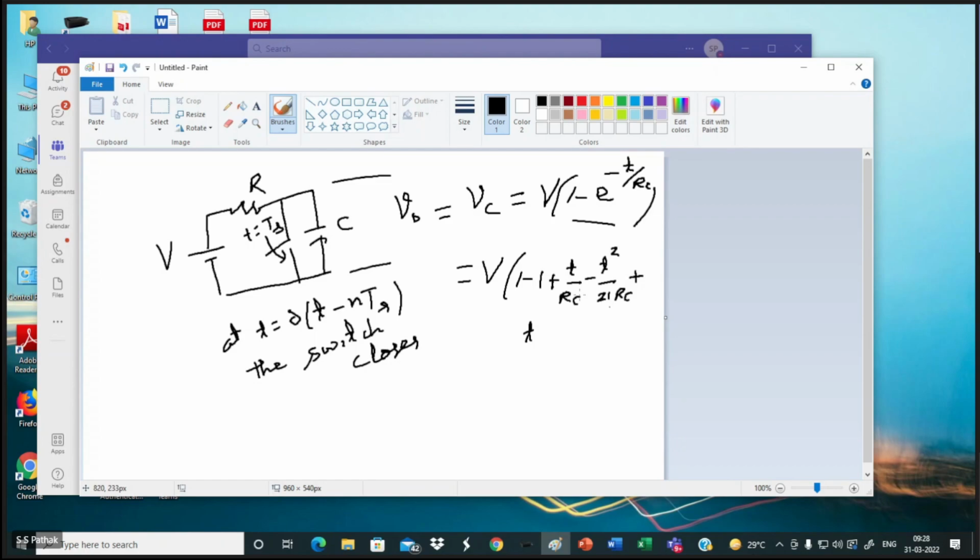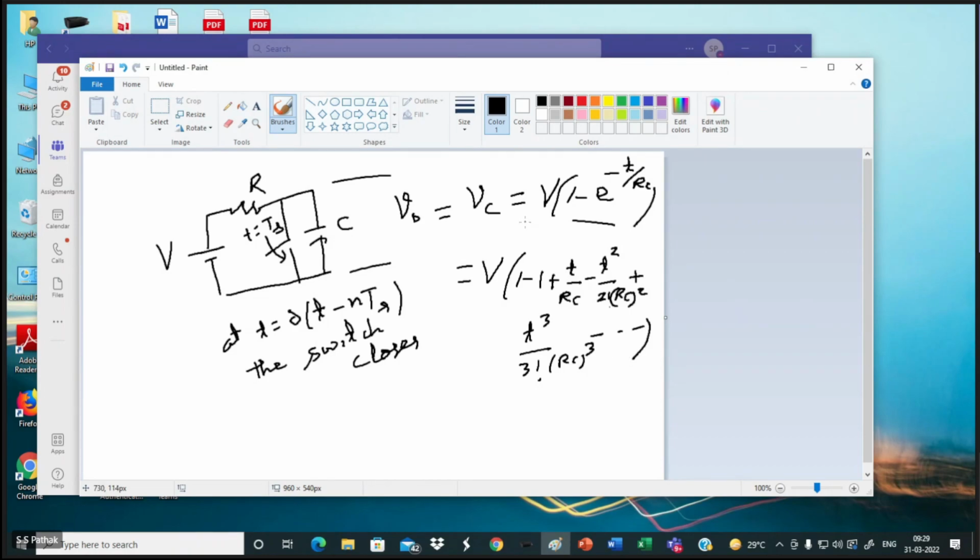Whenever minus was coming in the expansion of e to the minus T by RC, that becomes plus because there is a minus sign outside.